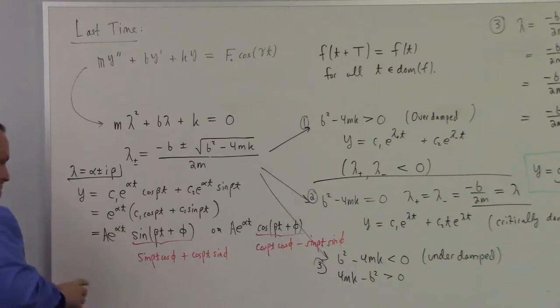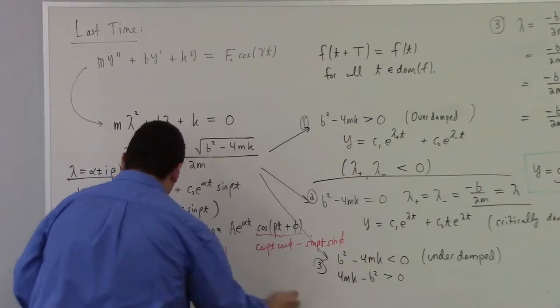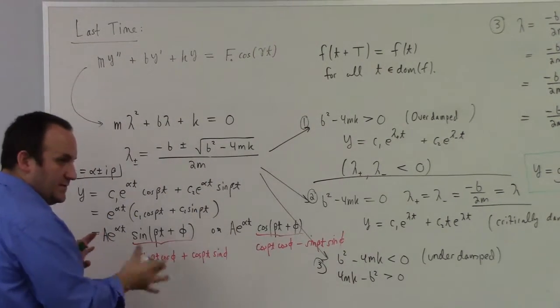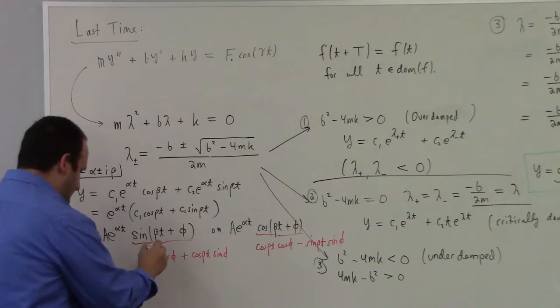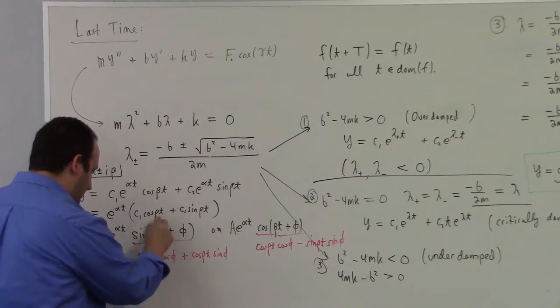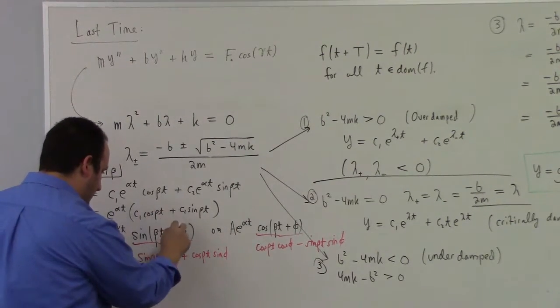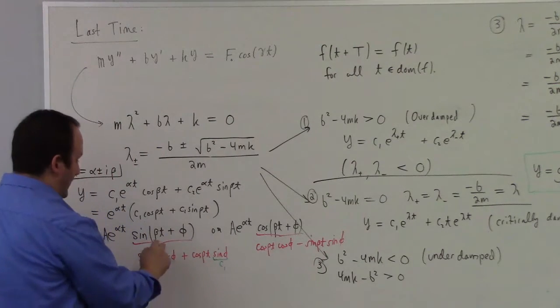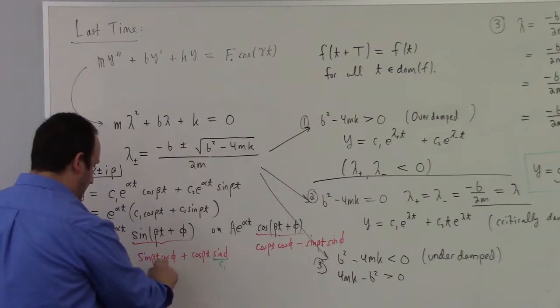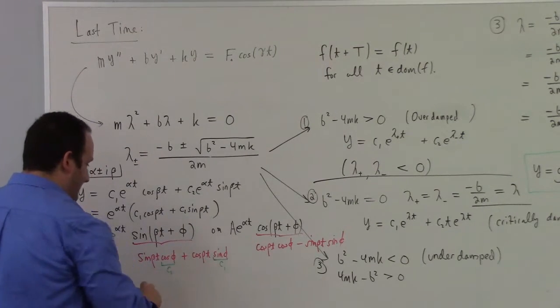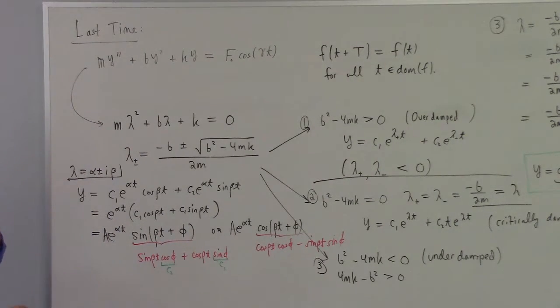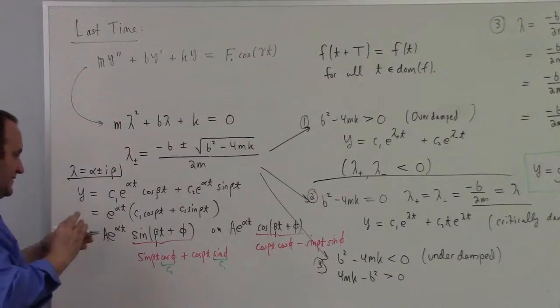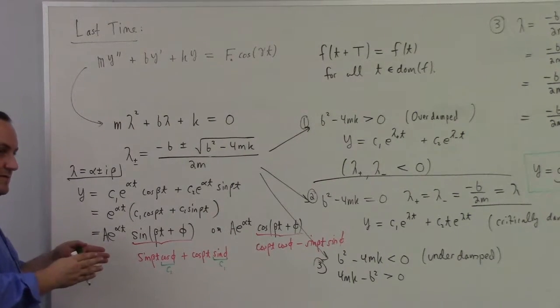So comparing, you see that we can choose an angle such that whatever c1 is, c1 matches, c1 has to be this thing, and c2 has to be that thing. And you can always select a c1 and c2 to make it so.